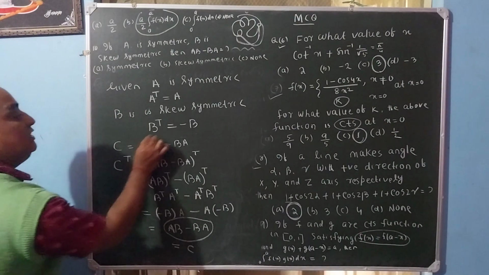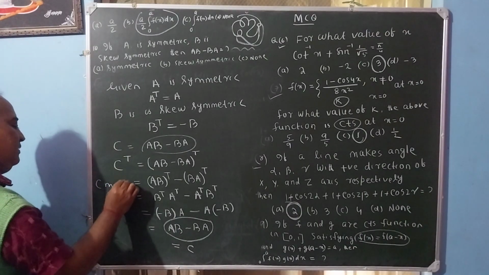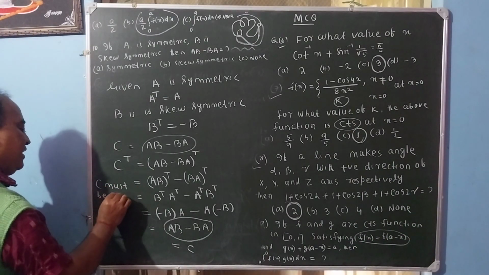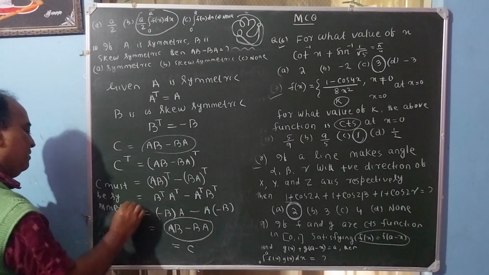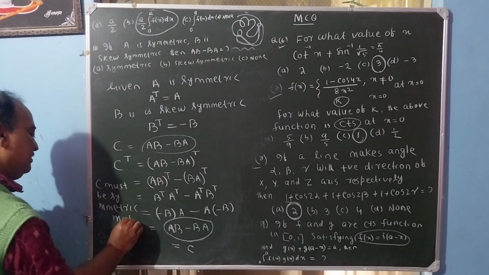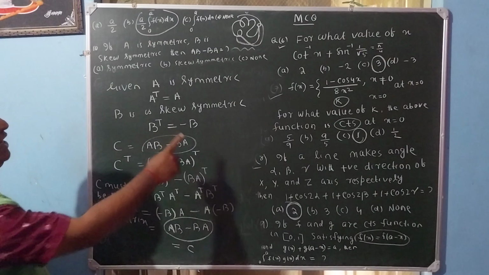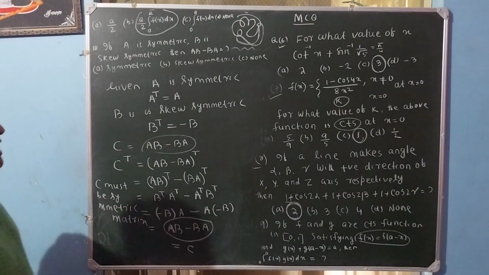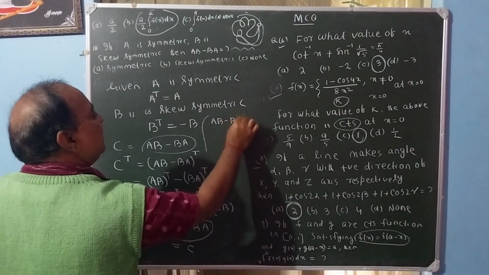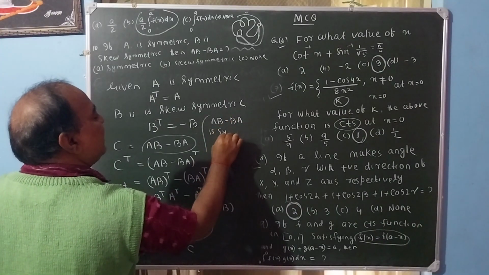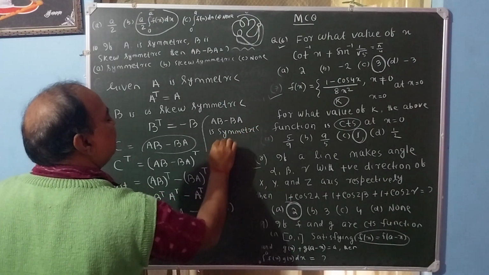So C must be a symmetric matrix. That means AB minus BA is a symmetric matrix.